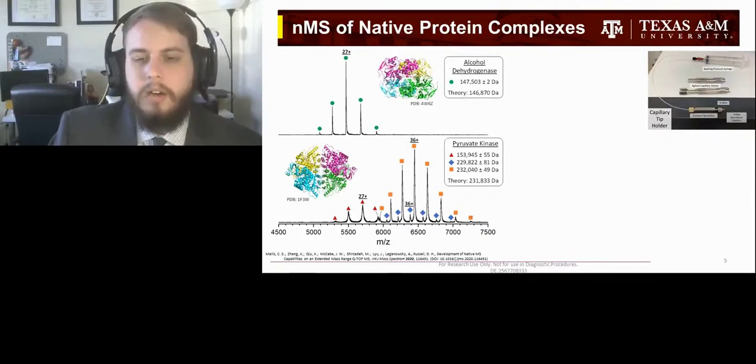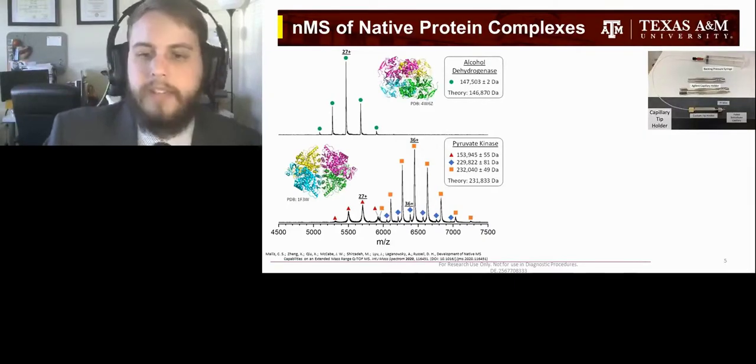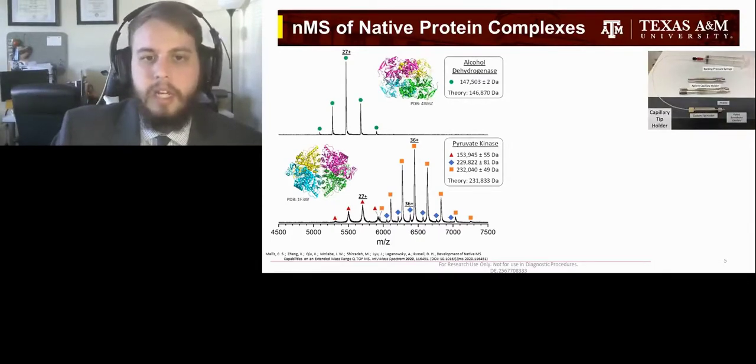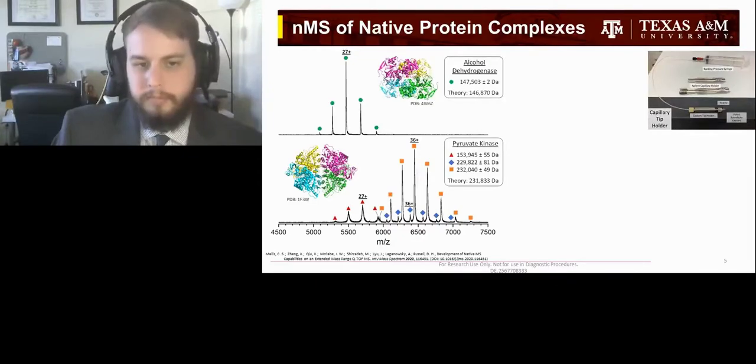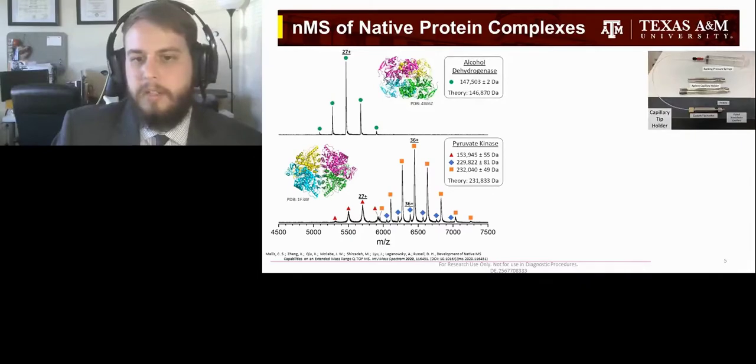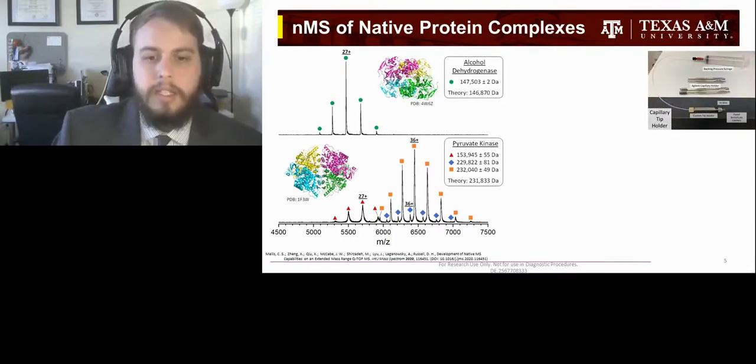So here's some data on alcohol dehydrogenase and pyruvate kinase. These are both homotetrameric protein complexes of above 100 kilodaltons in molecular weight. And generally what we see is very good agreement between the experimentally measured molecular weight and the theoretical molecular weight based on the accepted sequence of these protein complexes.